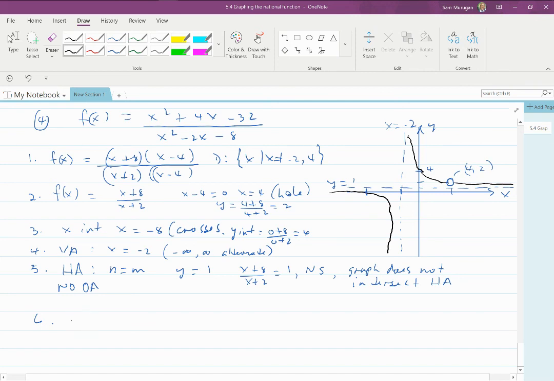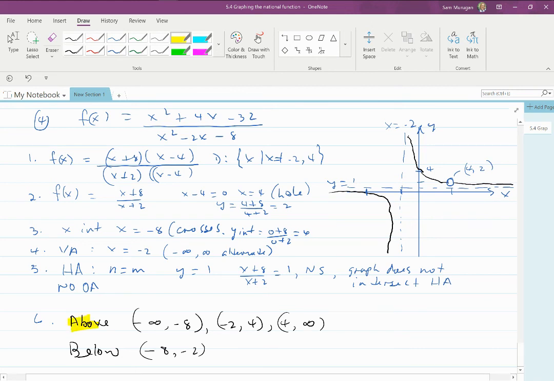So above x-axis, you can see from negative infinity up to negative 8, from negative 2 to 4, and from 4 to infinity. And below, I'm going to highlight these in color in a second, from negative 8 to negative 2. So yellow for above.